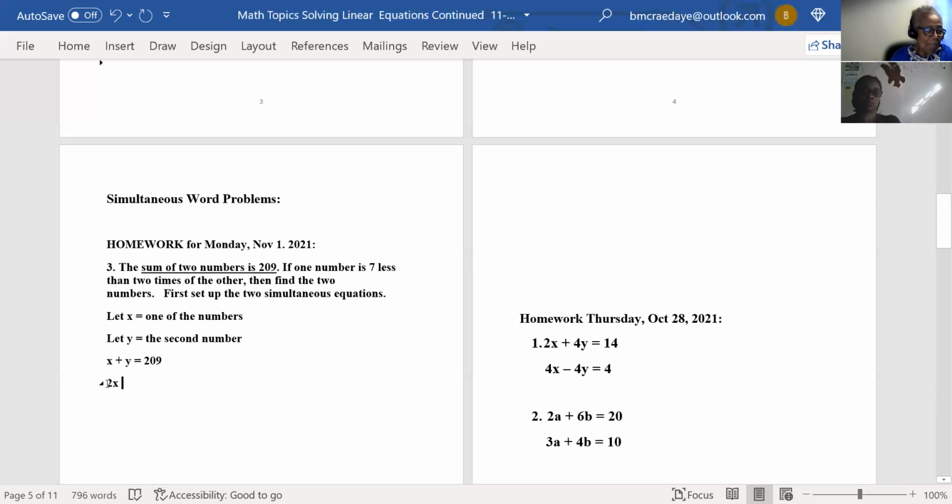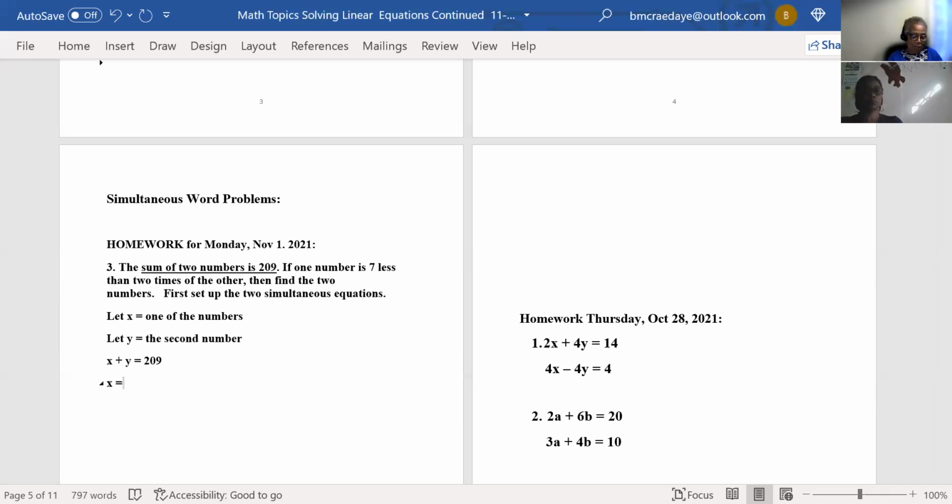So if that number is x, we'll say x equals. So one number we call x, and it's 7 less than 2 times the other.